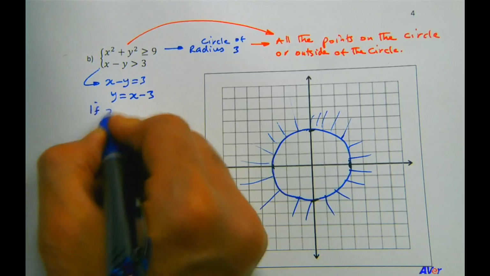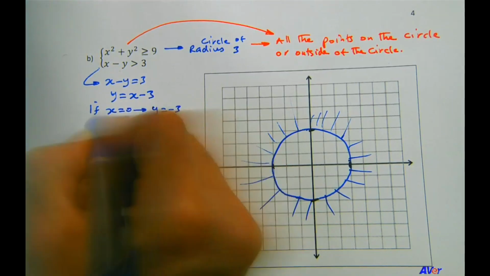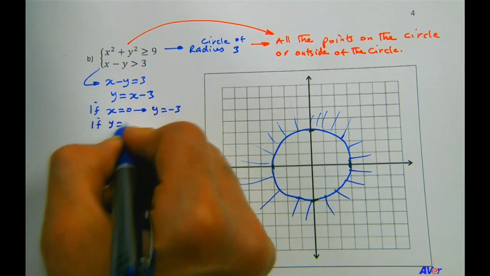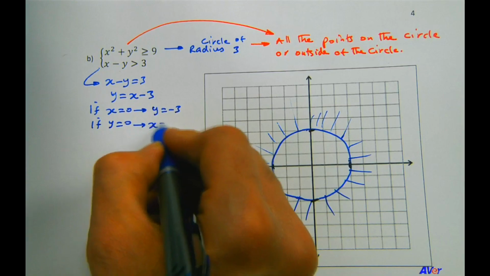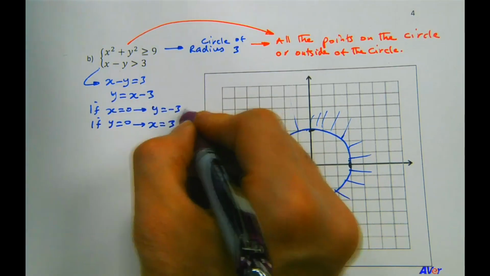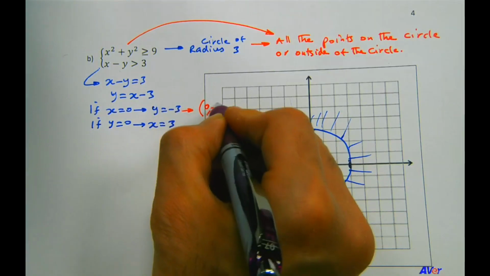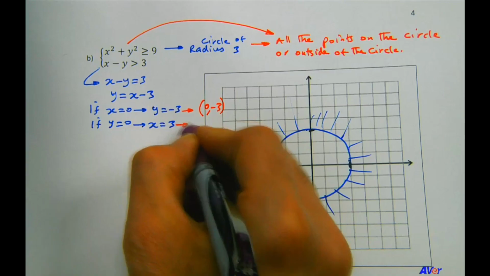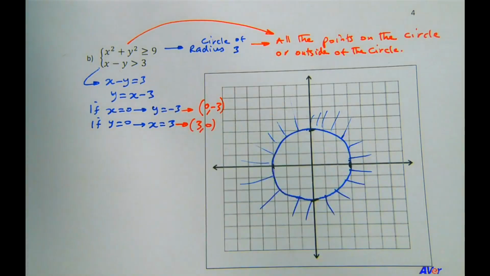If x equals 0, then y equals minus 3. If y equals 0, then we have x equals 3. Okay, so the intercepts are 0, negative 3, and 3, 0. So let's plot this line as well.